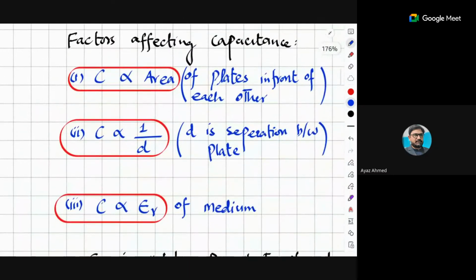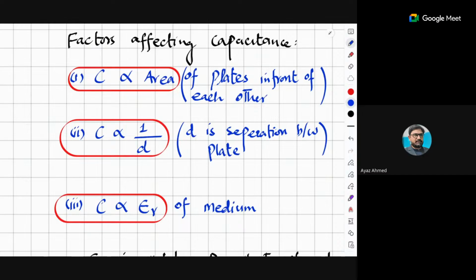Okay. Then we have that the capacitance of the capacitor is directly proportional to certain factors. These are the physical factors actually. The capacitance of the capacitor is directly proportional to the area of the plates, the area in front of each other.